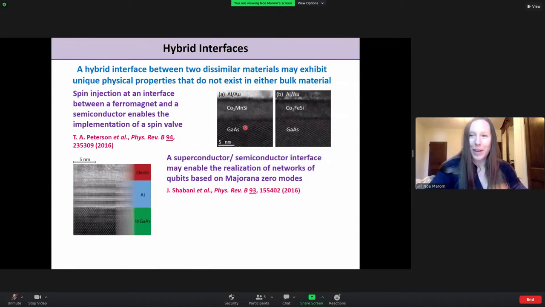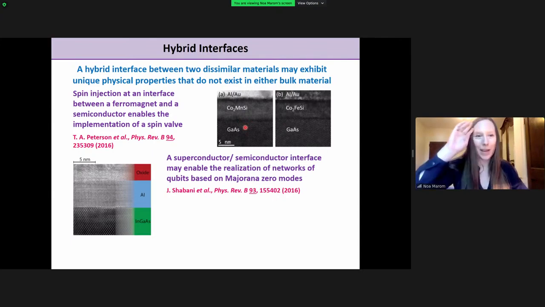So the topic of my talk today is first principle simulations of hybrid interfaces. And what do I mean when I say hybrid interface? That means an interface between dissimilar materials, like a semiconductor and a magnetic material, or a semiconductor and a superconductor.